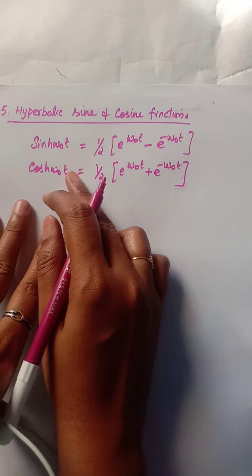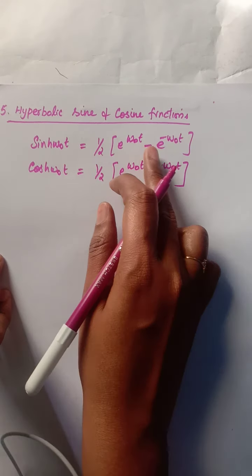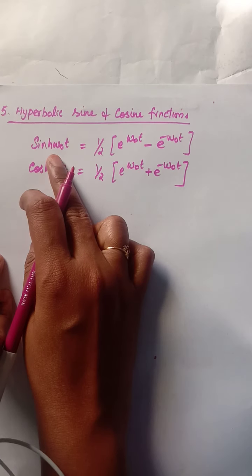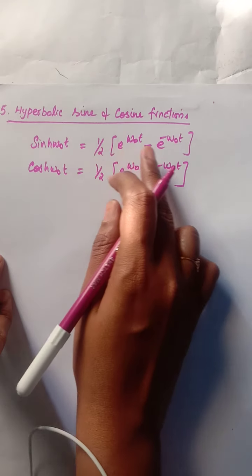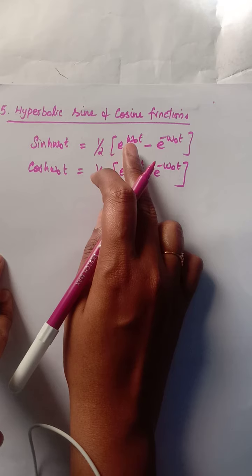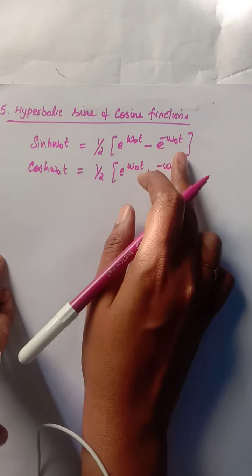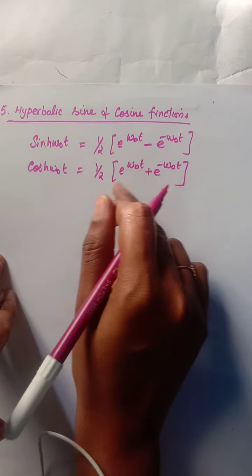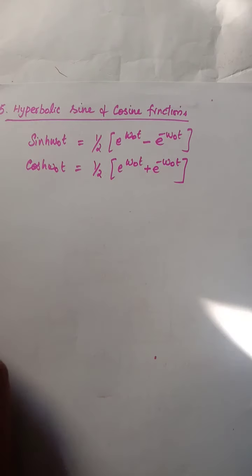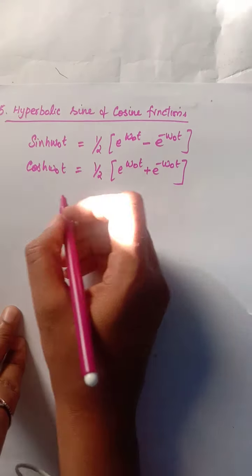Now the next one is the hyperbolic functions, hyperbolic sine and cosine. The sinh omega naught t formula is 1 by 2 e power omega naught t minus e power minus omega naught t. Similarly, the cosh formula is 1 by 2 e power omega naught t plus e power minus omega naught t.